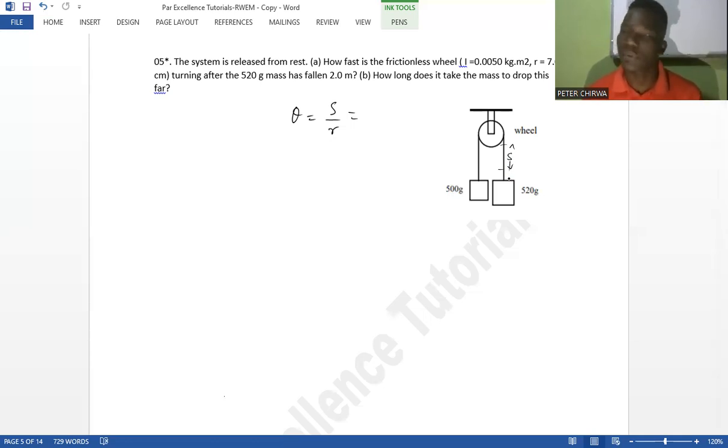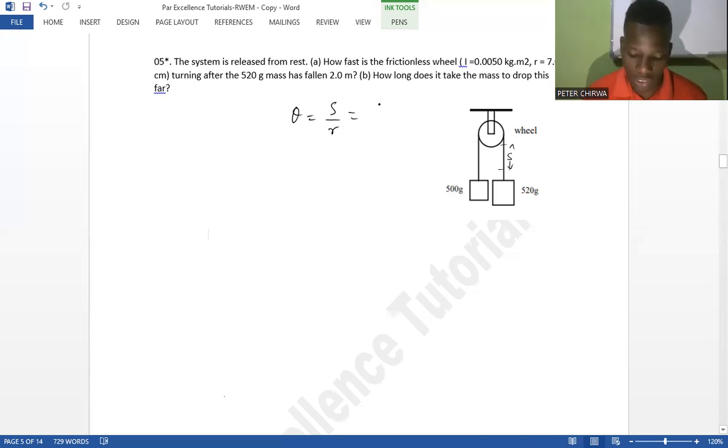I don't know if you still remember in circular motion where you talked about the arc length being equal to the angular displacement times the radius. We are making the assumption that the angular displacement is very small, such that the radius and the arc length are the same. So you ended up having that.